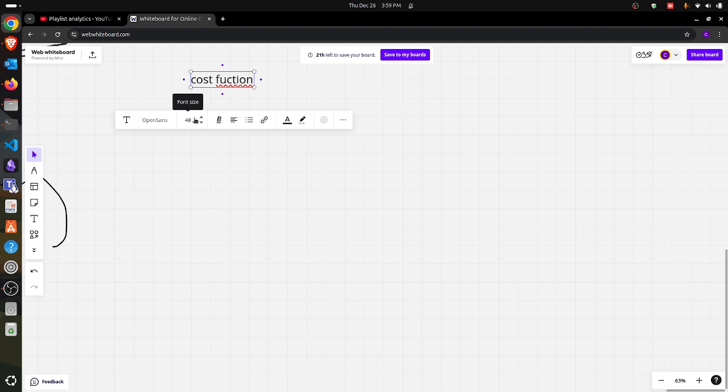Imagine you're playing a game where you have to guess how many candies there are in a jar. If the computer guesses right, it gets a sticker, but if it is wrong, it gets a minus sign. So the cost function is like the score in that game.